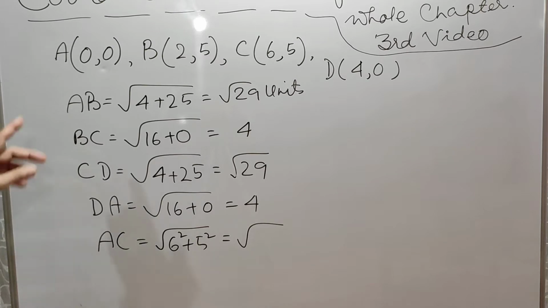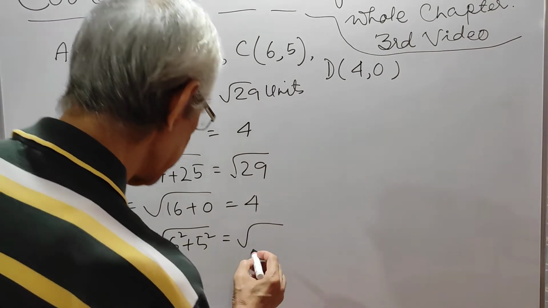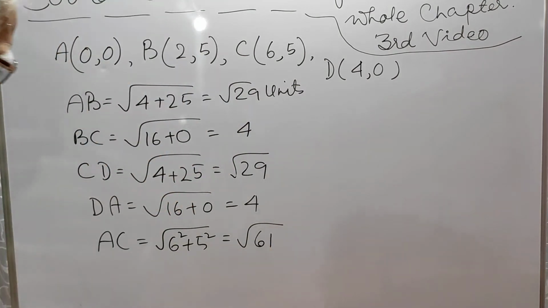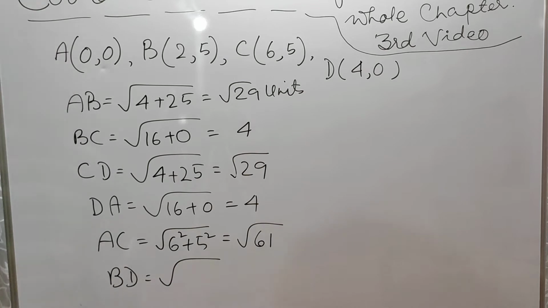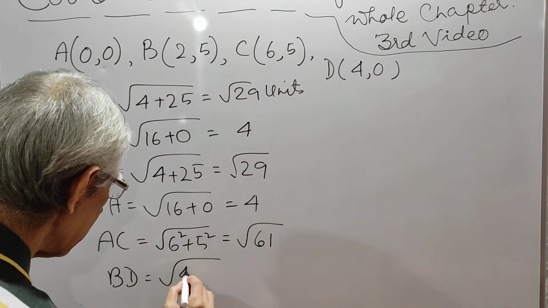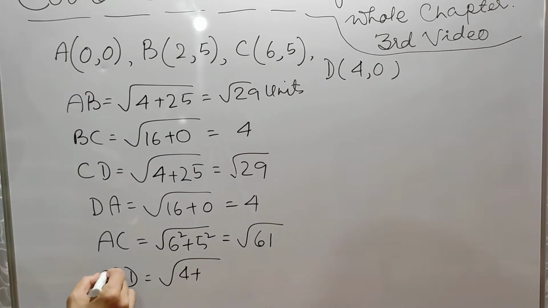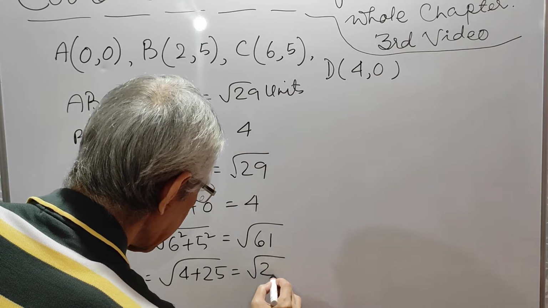So AC will be root 61. 36 and 25, 61. And then BD. BD is equal to square root of what? 4 minus 2, squared is 4, plus 25. That means root 29.